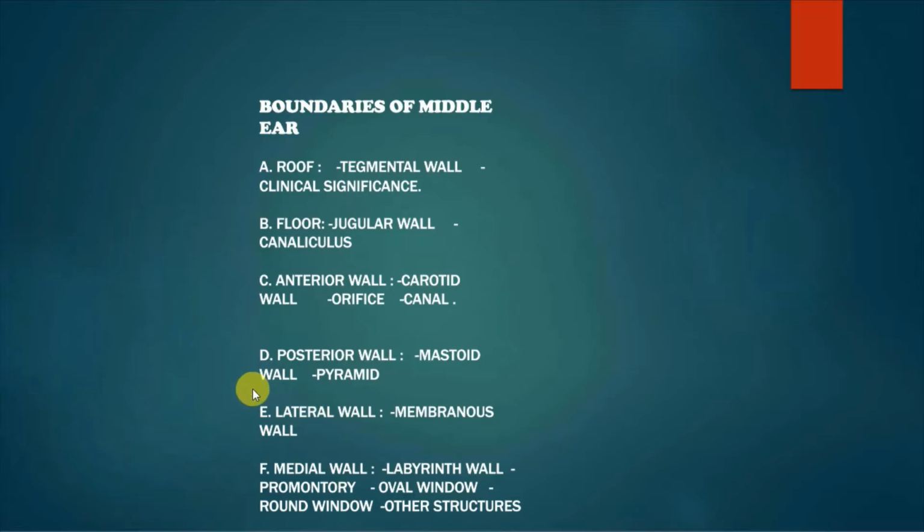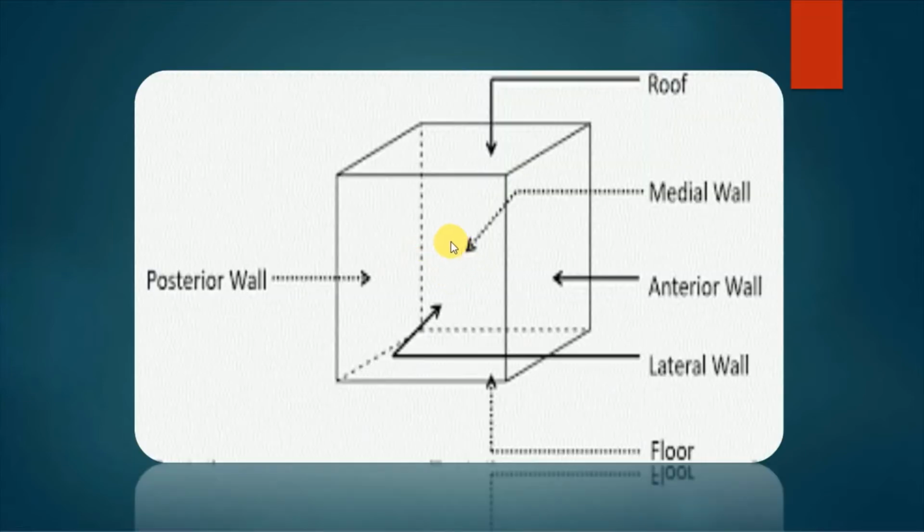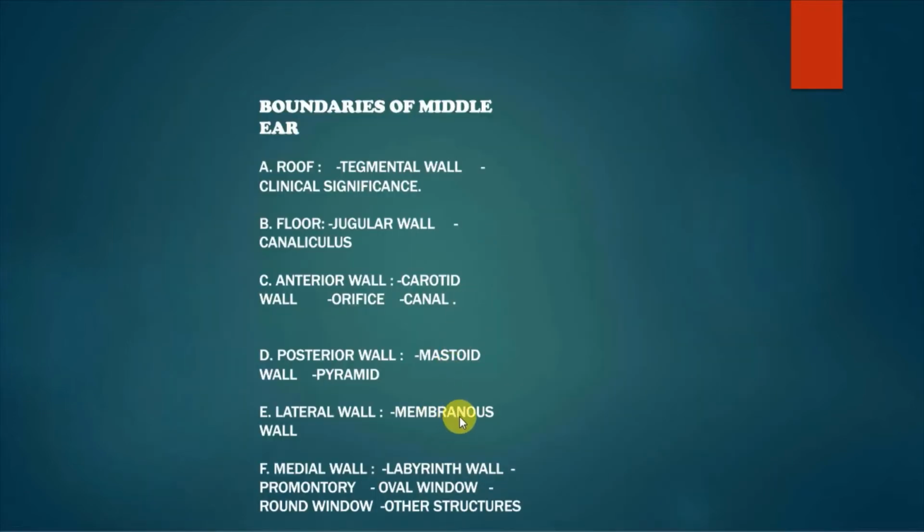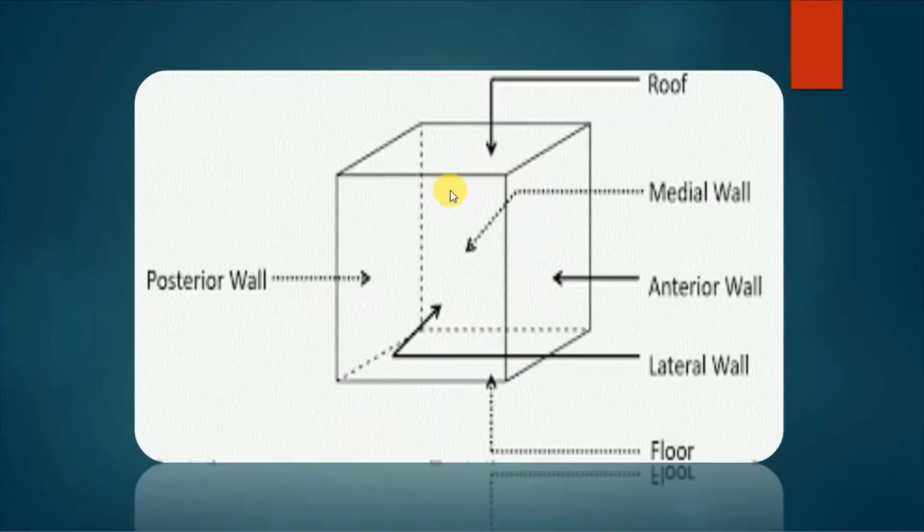Now, on to the lateral wall, also known as the membranous wall, that is this front part. It's called the membranous wall because it is mostly formed of the tympanic membrane. Now, the medial wall, this wall at the back, is maybe the most important wall that we are going to discuss in the middle ear.